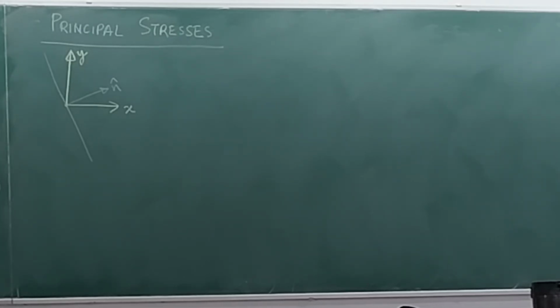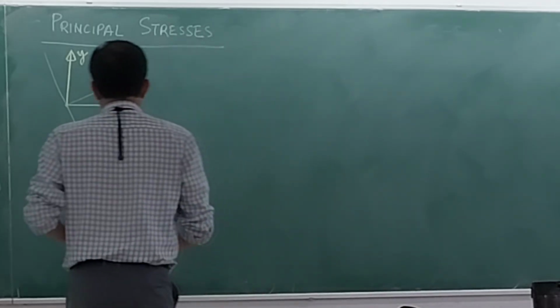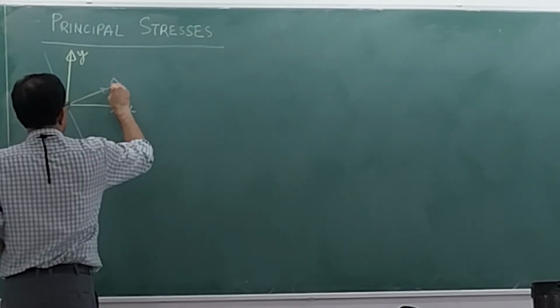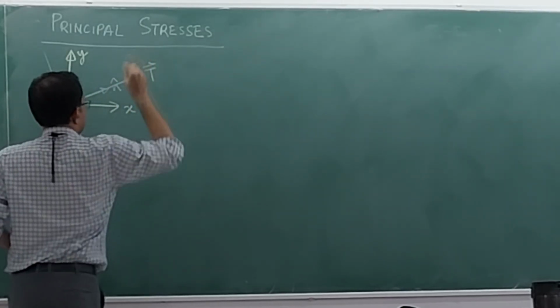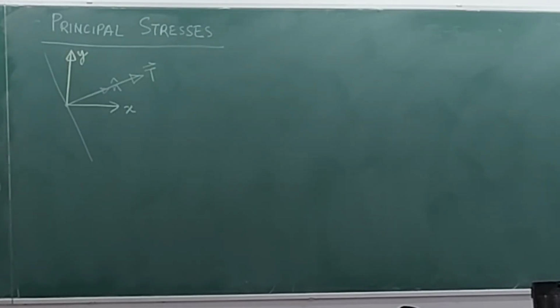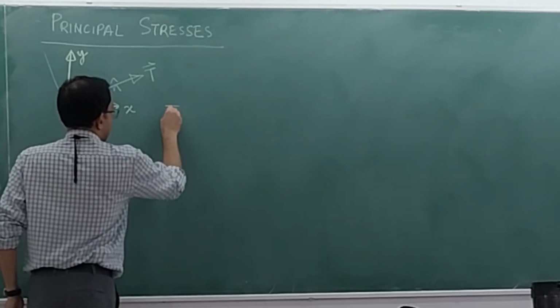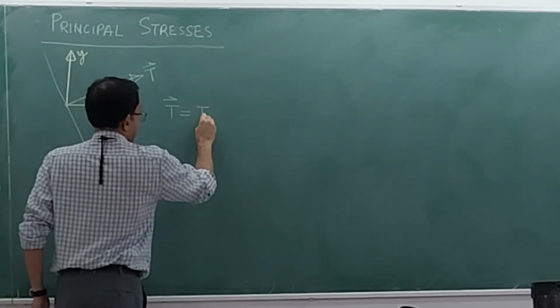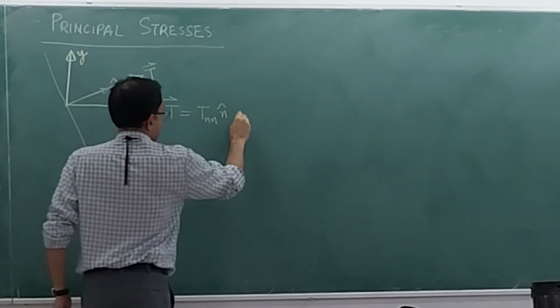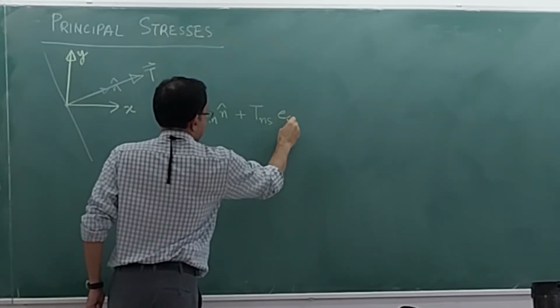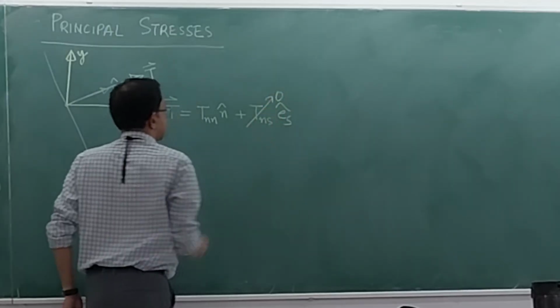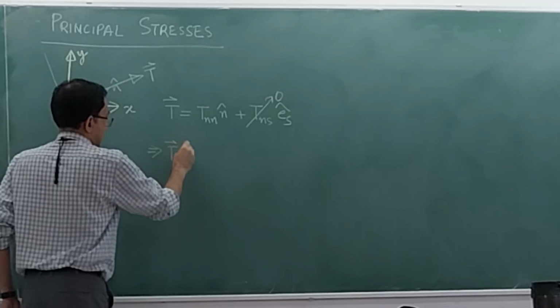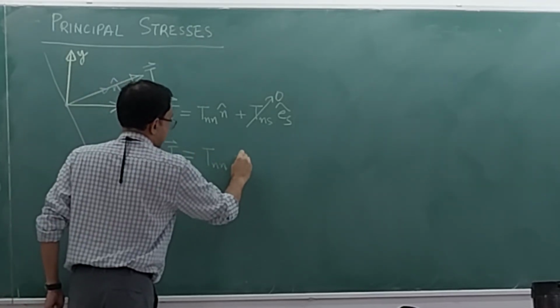So what we are asking is that the traction vector is lying along the n hat. If this is the picture, tell me what is the value of Tns? 0. So in this situation, the situation is like this.